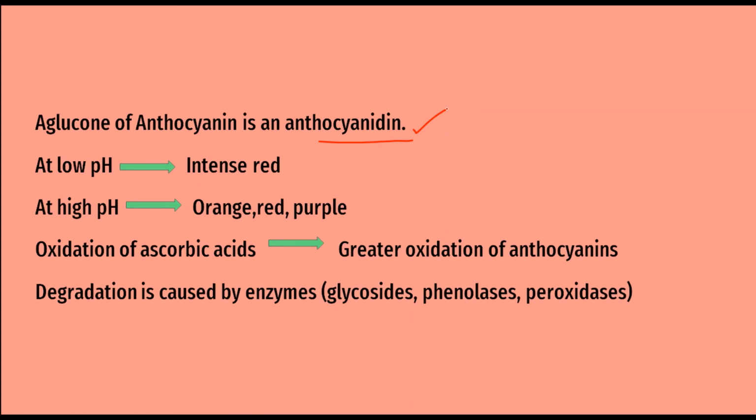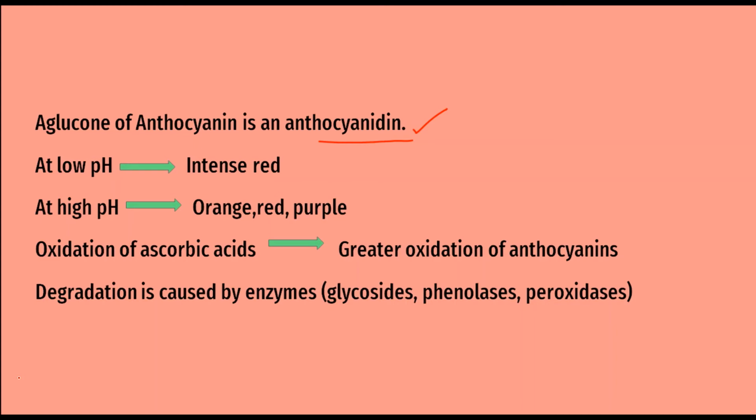Oxidation of ascorbic acid is catalyzed by copper and iron compounds, and this results in a greater oxidation of anthocyanins. Polymers and degradation compounds produced in these reactions are complex and brownish red due to decomposition of compounds.